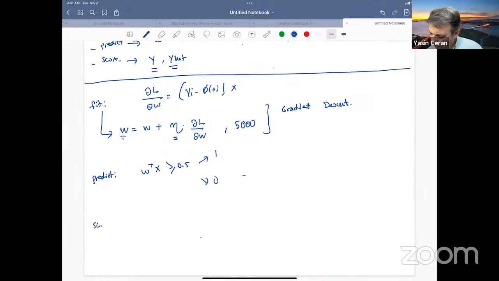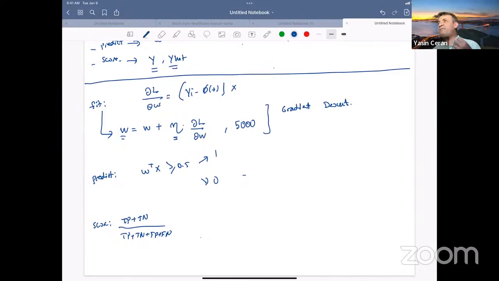With score, we're going to do 4 things. First, we are going to find true positive plus true negative divided by true positive plus true negative plus false positive plus false negative. What is true positive? True and false are attributed to our predictions. Let's say a student passed and we predicted passed, then we have a true positive.